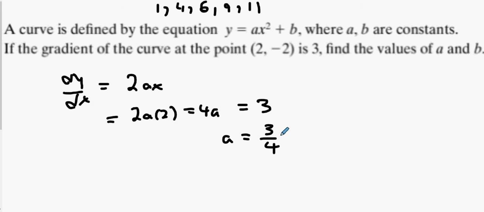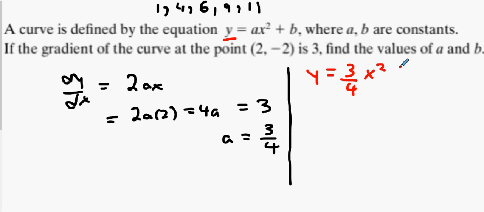Now, there's another trick we can do now. What can I change the formula to? Y equals what? 3/4 x squared plus b. When I use x as my input, what's the output or the y value? Exactly.